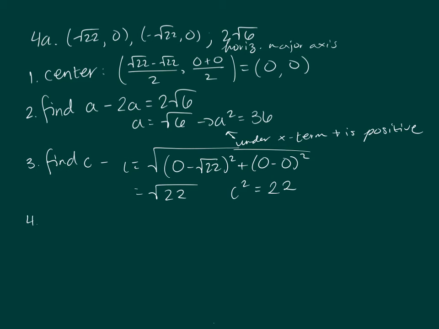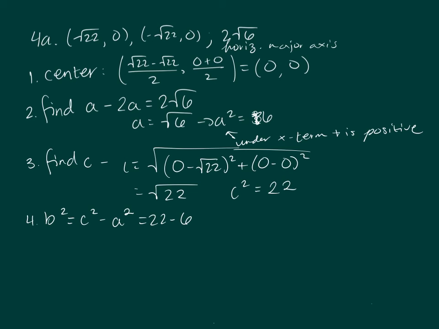And so we need to find b squared, which is c squared minus a squared, which is equal to 22 minus 6. A is not 36, a squared is 6. That's my bad.